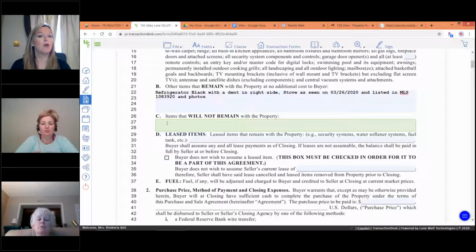But we're representing the buyers right now, so I want you to think about if you're representing the buyer. Remember, the buyers want everything, and the sellers want to give nothing. Would be like remove debris from the yard. So I would want remove debris. That is correct. That's great.